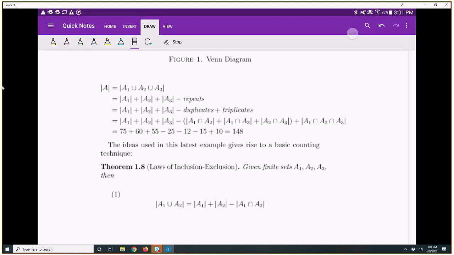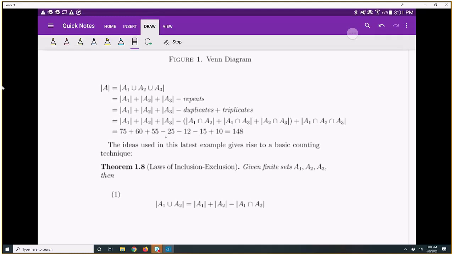So with the information that we were given above, this was 75 students who took the first course, algorithms, 60 students who took logic design, 55 who took compiler construction, and then we're subtracting the intersections.